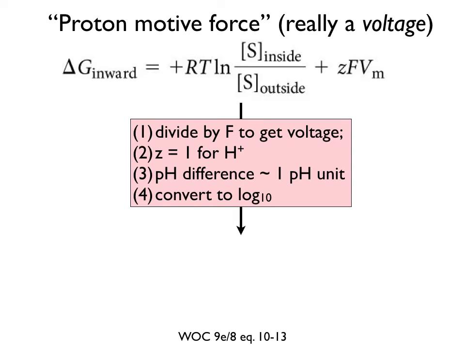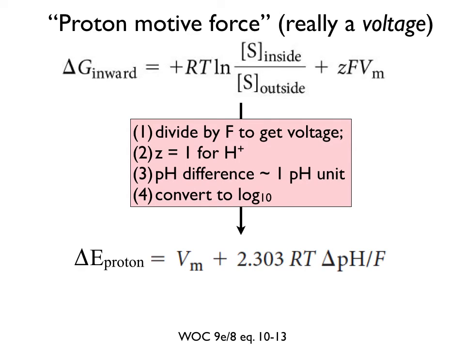So we can divide by the Faraday constant to get the voltage. In the case of protons, Z, the charge on the ion, is 1. And it turns out most of the time the pH difference is about 1 pH unit. And we can convert to log base 10. If you do all of that basic math, you get the following equation.